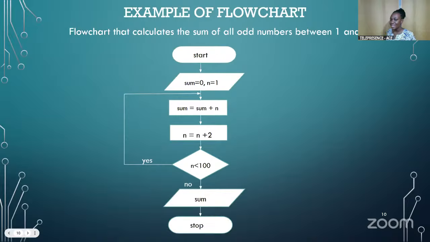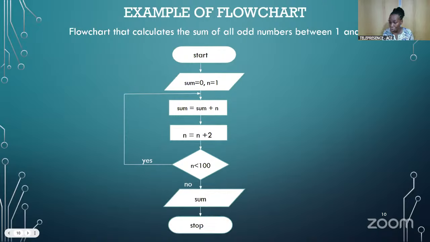If it is yes, look at the direction of the arrow for yes. Because it will keep adding, it will repeat that step of adding that number to sum. Now, if it is not less than 100, then it will move down and display the sum.